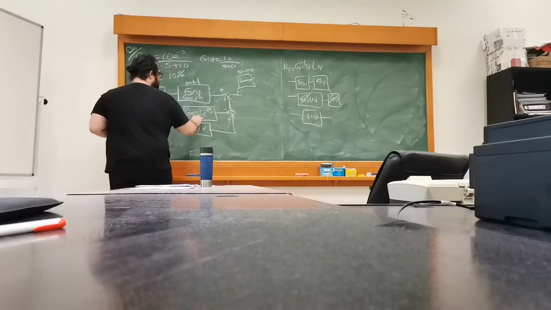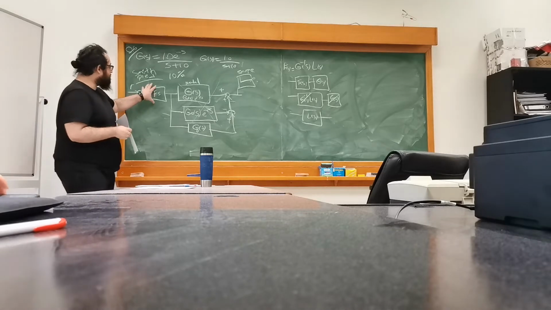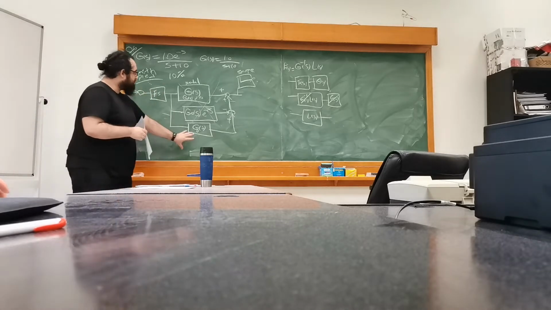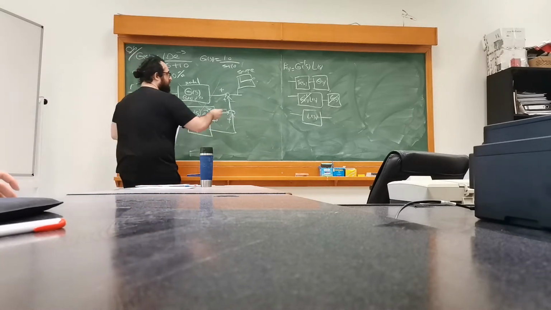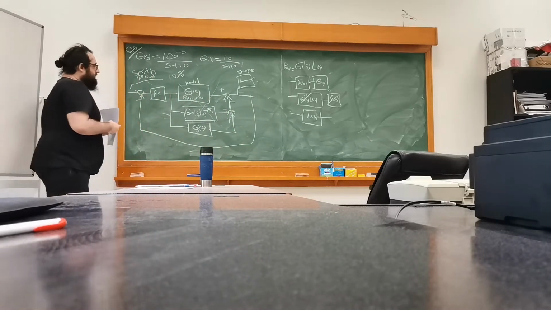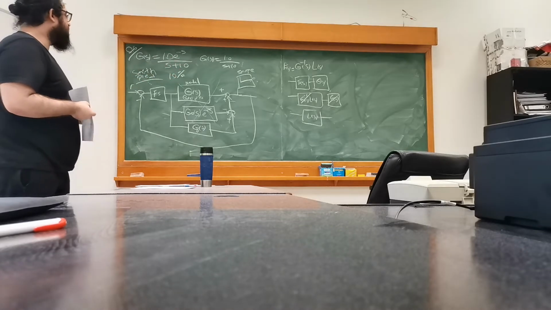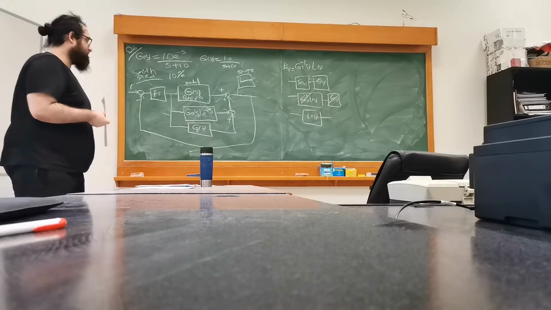Ideally, this part should not exist at all. So basically, it reads F times G0 and then the whole feedback structure. Ideally, I want to have that. And here I'm canceling it multiplicatively. Here, the cancellation is additive.